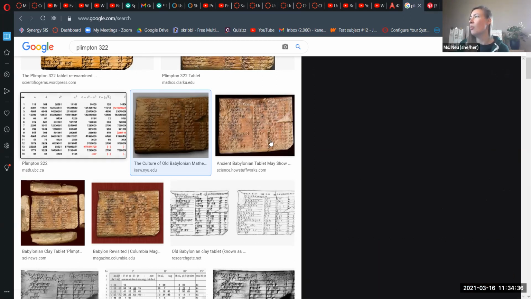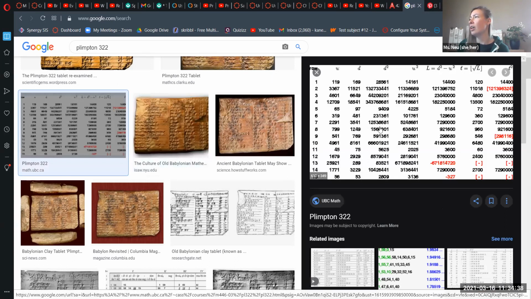This tablet was a table, a trigonometry table. They were looking up how the long side of the triangle matched up with the diagonal and the short side. So this was really cool. We finally had evidence of people calculating what we know today as trigonometry.